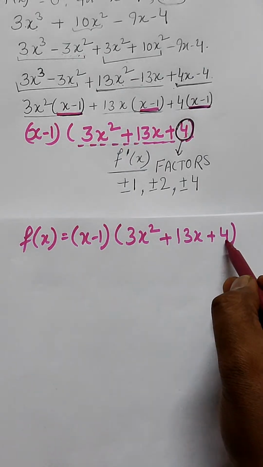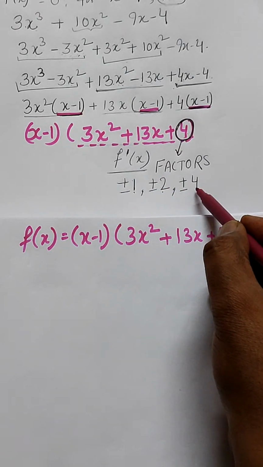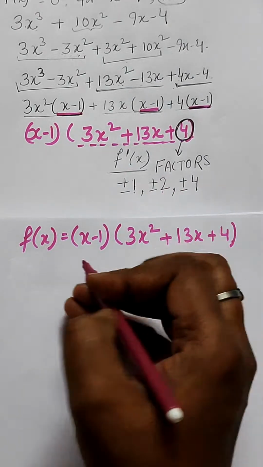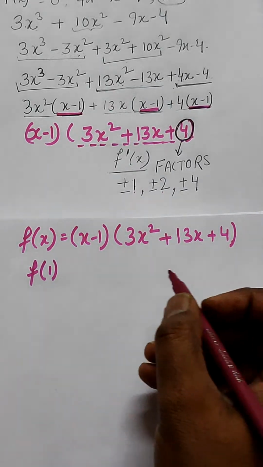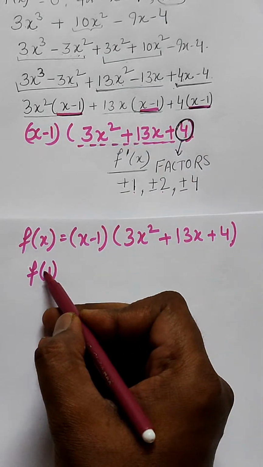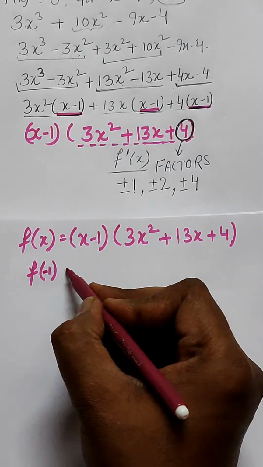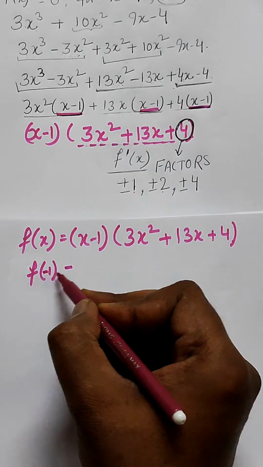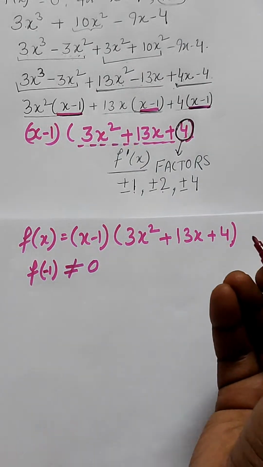Now the factors of 4 we have seen: plus minus 1, plus minus 2 and plus minus 4. So when you put the value of 1, it is 0 because it is already a factor. But when you put the value of minus 1, f of minus 1 will not be equal to 0, right?